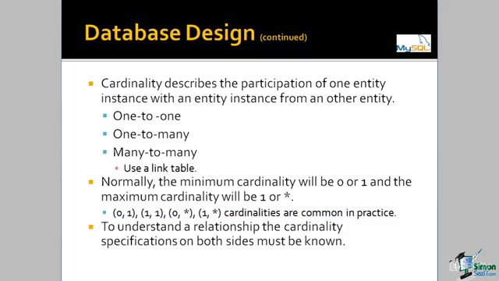Then there is a one-to-one relationship between the person and the spouse table. On the other hand, if we have a person table and it has an attribute email address, a person can have multiple email addresses. Therefore, the table email address may contain more than one address for any one person. That would be a one-to-many relationship between the person and the email address table.